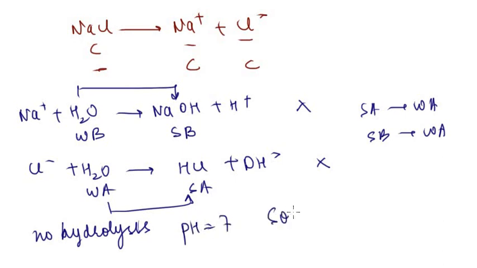Because our source of H positive equals our source of OH negative, both are equal. So when the salt of a strong acid and a strong base is dissolved, pH will be 7. Now, which cations and anions are not hydrolyzed? A stronger part will not hydrolyze.